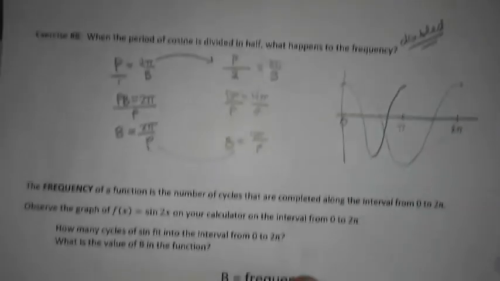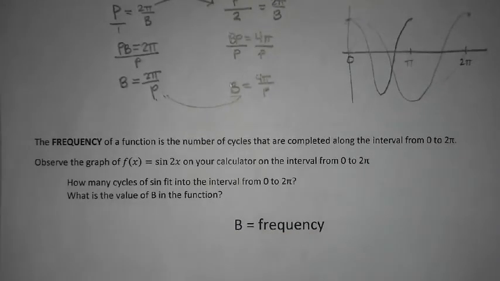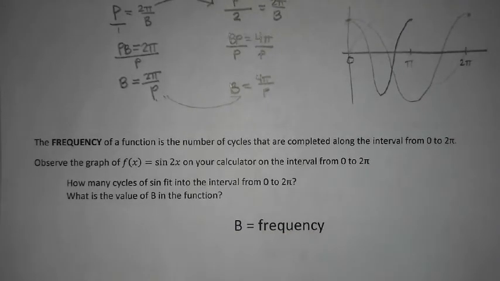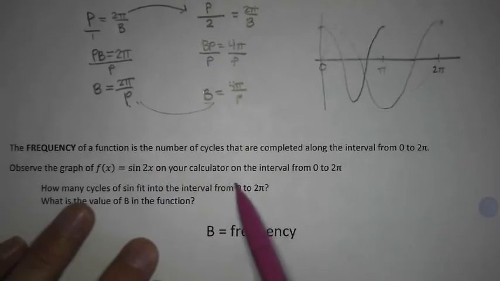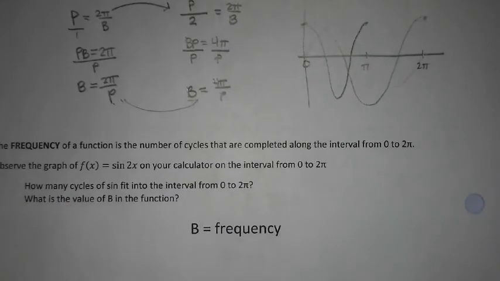And the last piece here is just giving a little bit more detail on frequency. So the frequency of a function is the number of cycles that are completed along the interval from 0 to 2 pi. Observe the graph of this on your calculator.